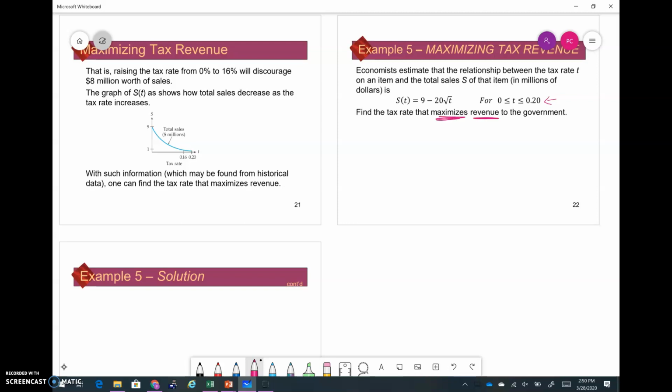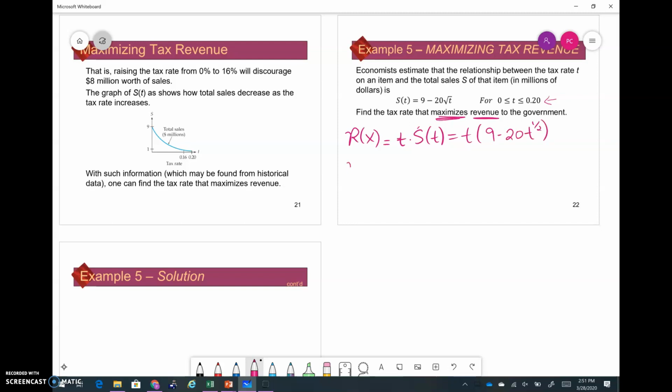The first thing that we need to do is find our revenue function. That revenue function, R of T, is going to be the tax rate, T, times the total sales, so S of T. So T times S of T. If we plug this in, I've got T times (9 minus 20 times T to the 1/2).